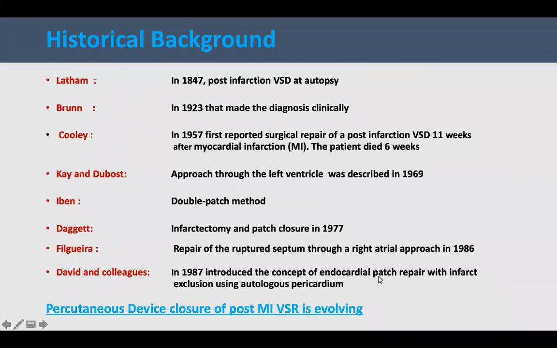He did patch closure with infarct exclusion. We will discuss this operation in detail because this is the commonest operation done nowadays for post-MI VSR, where the outcome is better than the infarctectomy. Percutaneous device closure of post-MI VSR is still evolving. We'll have a few slides to summarize the percutaneous device closure outcome.